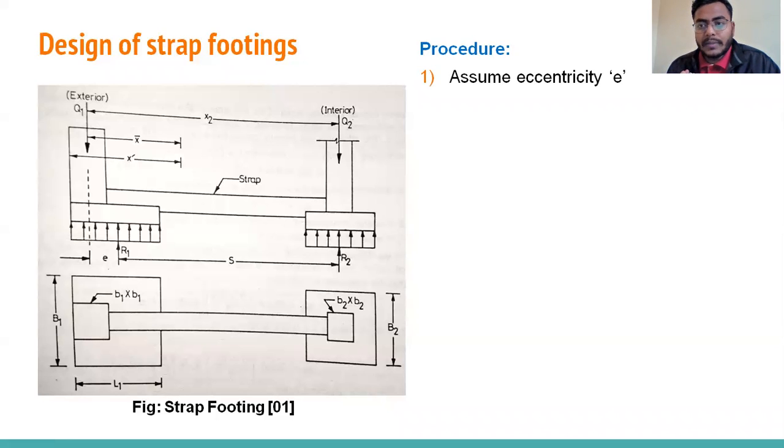We should not take a very large E value, as it is uneconomical, and we cannot take a very small E value, as it cannot balance the soil pressure. So we have to take an E value in between.